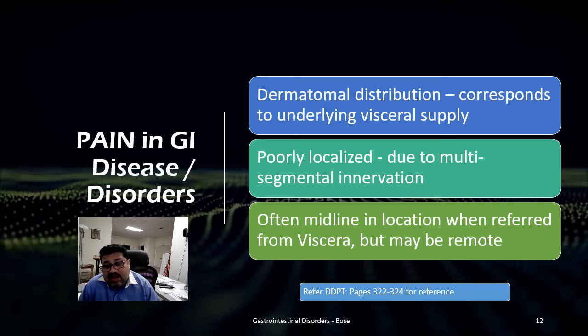Generally speaking, pain occurring from visceral origins, viscera being the organic structures within a cavity, will be either focal or diffused. What that means is the pain can be localized to where that organ is, or it could be all over. The problem is that it can often be poorly localized. That means it will be there and it won't give you any hint of what organ it is coming from.